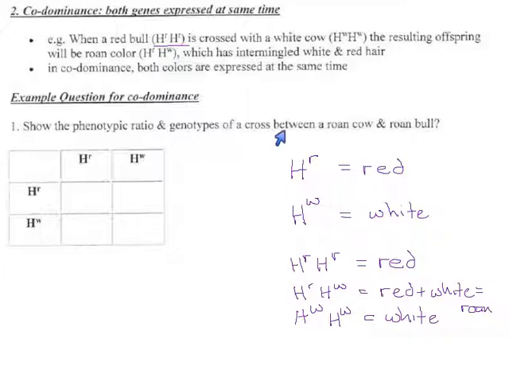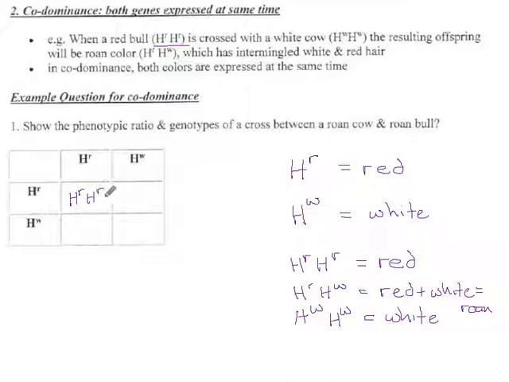So if we cross, what they have here is a roan cow, meaning RW, there she is, and a roan bull, he's RW also. What kind of ox babies can they have? Let's see. Here we get HRHR.